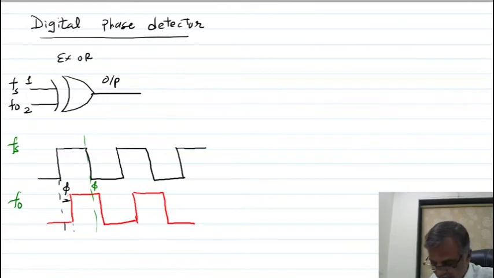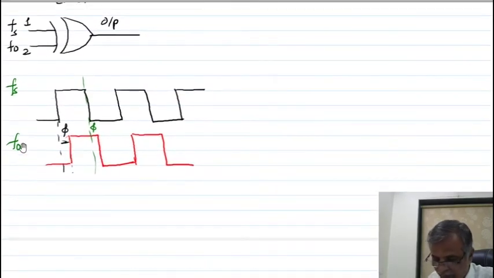So I will draw the output waveform. The output waveform in this circuit is high during this time. During this time, both the inputs are at the same level, so the output of the circuit is 0.